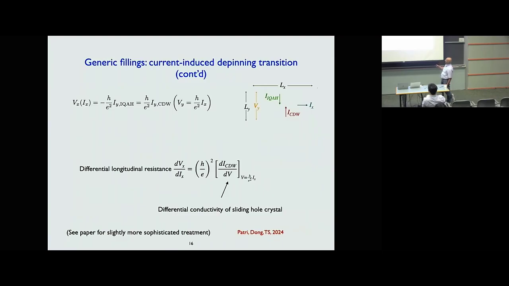So we can take a derivative of this equation to get the differential longitudinal resistance. We find a nice equation that says that this differential resistance is proportional to the differential conductivity of the sliding Hall crystal. So that's a key result.